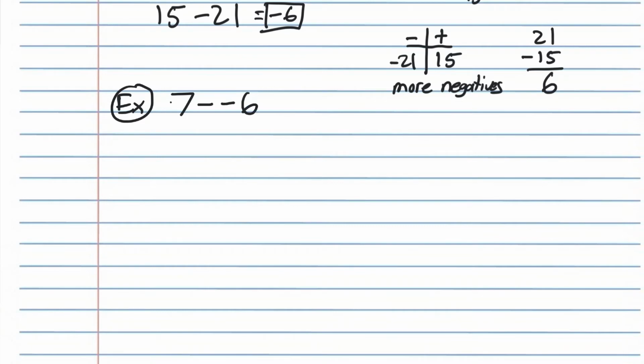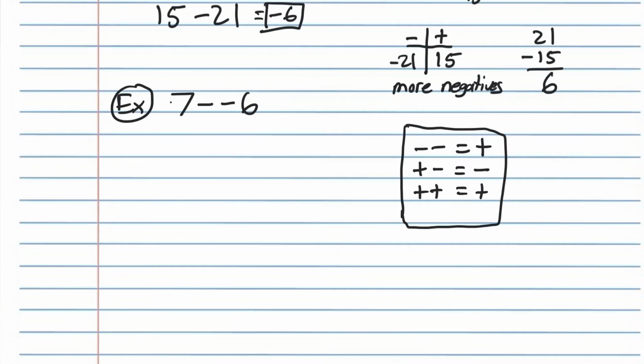Whenever you have these back-to-back symbols like this, you have to simplify it before you can do anything. Hopefully you already remember this, but 2 negatives always make a positive. Whenever you have a positive and a negative back-to-back, that makes a negative. And then positive, positive makes positive. This is kind of your key.